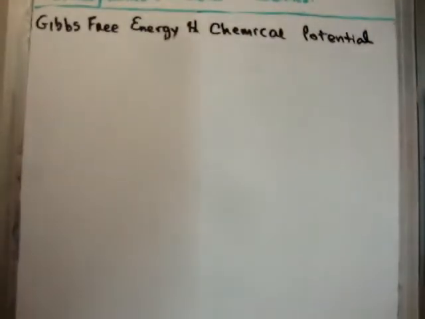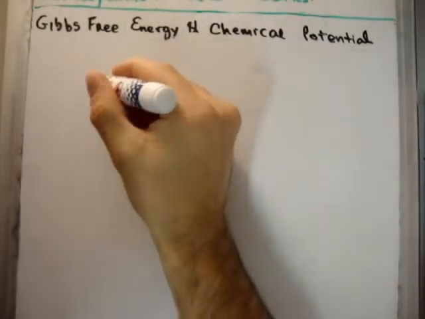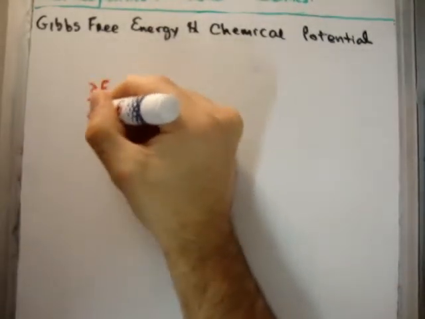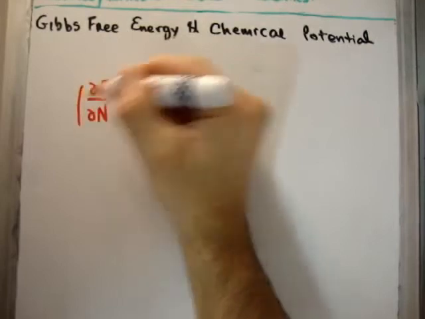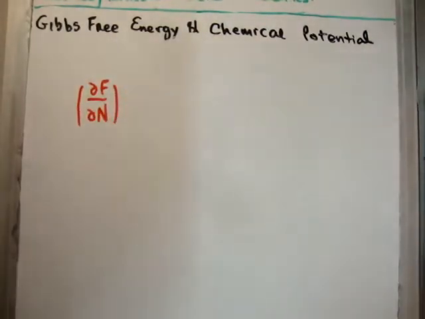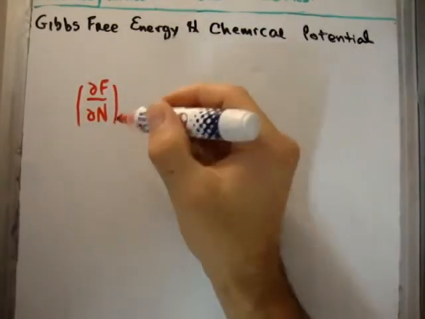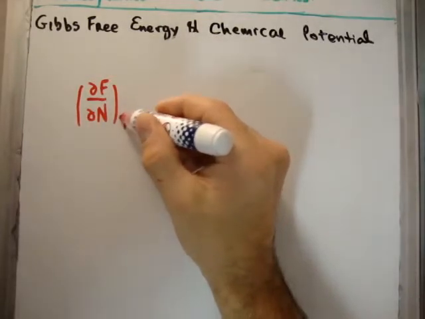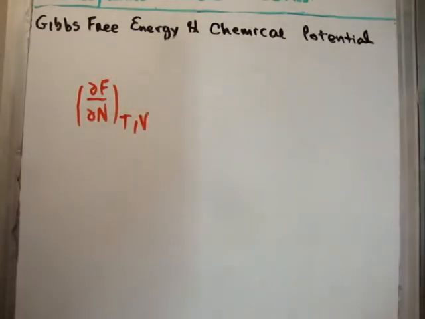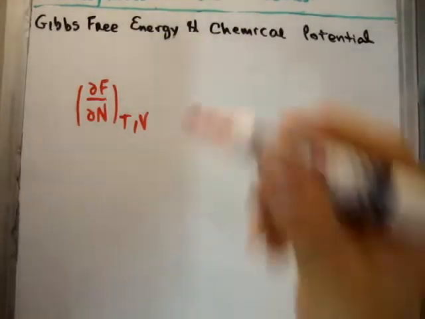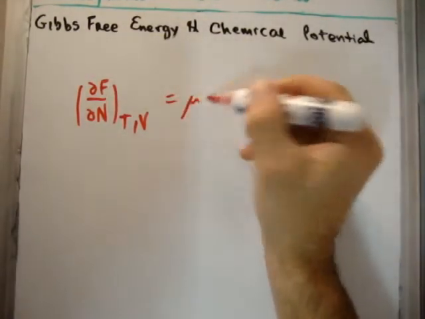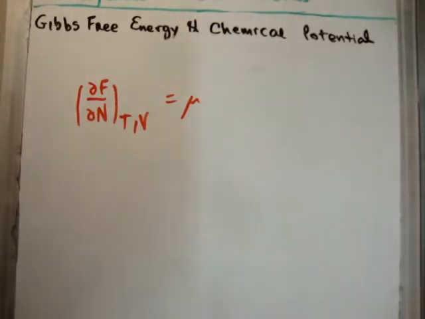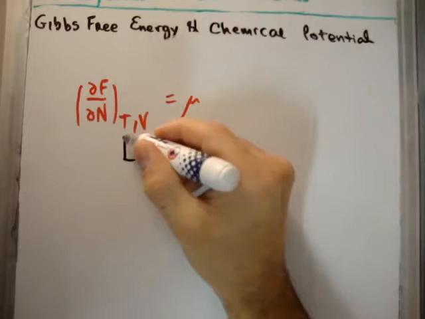Okay, so just one last thing on this, and it's to show a contrast. If we take a similar partial derivative, del F del N, where F is the Helmholtz free energy, we take the partial derivative with respect to the number of particles, holding temperature and volume fixed. Now by the partial derivative, this also should give us the chemical potential. The next thing we need to do is analyze what is happening here.